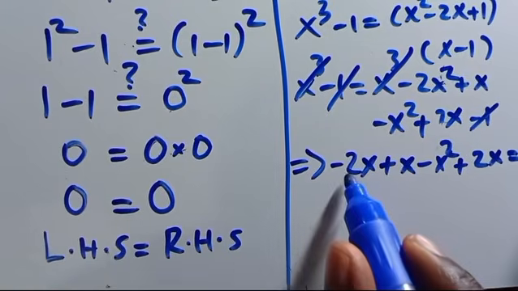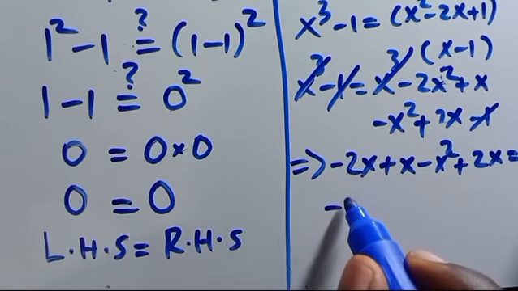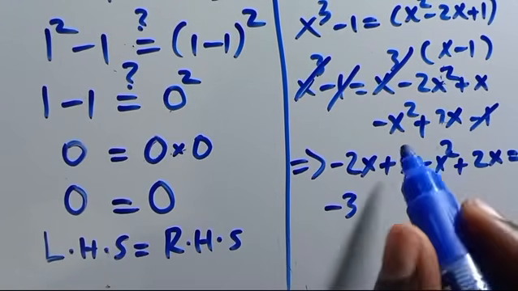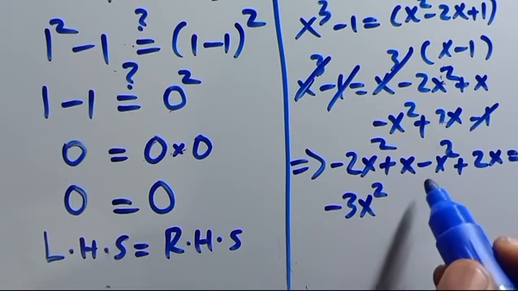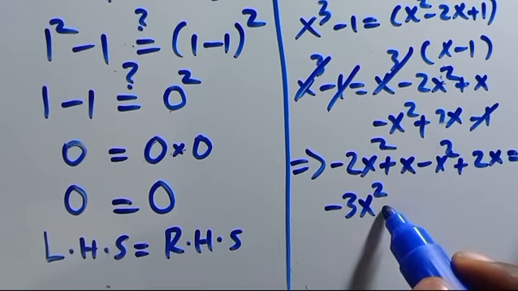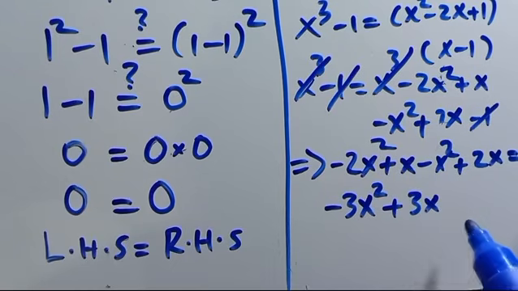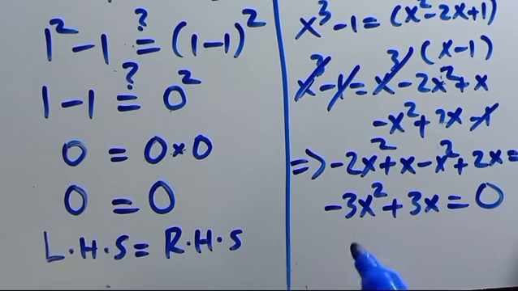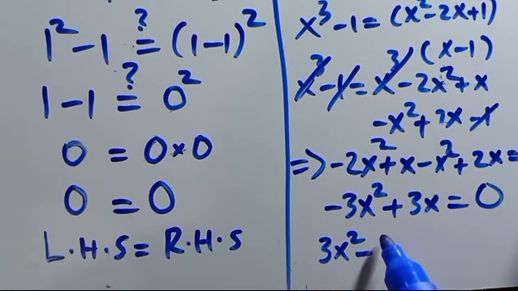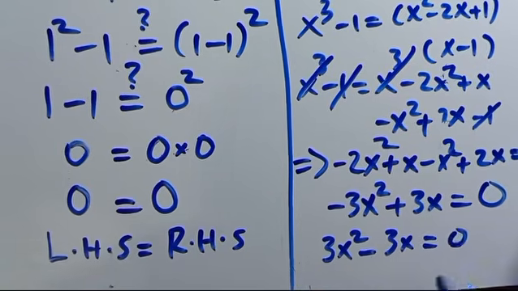So we are going to have from here minus 3x squared. Then this plus this will be plus 3x equals 0. So when we arrange, we can have 3x squared minus 3x equals 0.